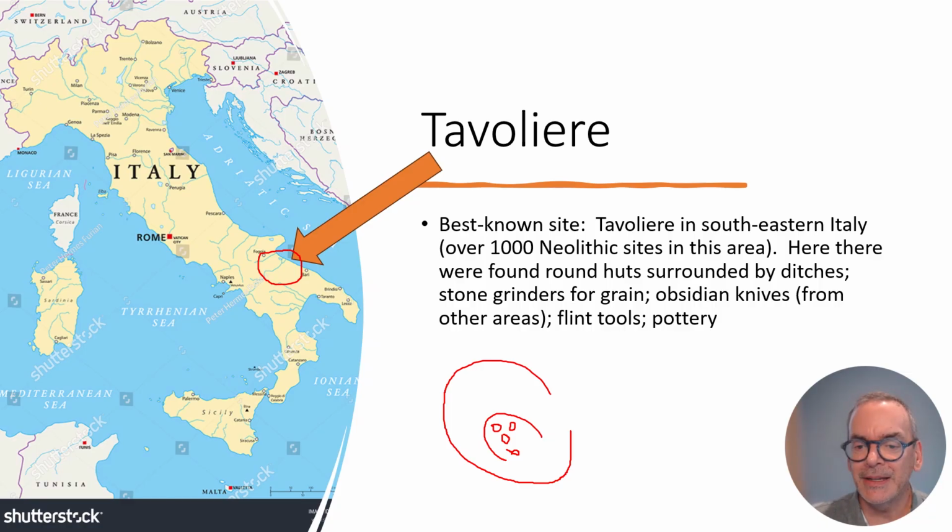There are other items we can find in these sites that tell us quite a bit about life during the Neolithic. So you've got stone grinders. Now, we know that they're growing grain because we've done studies on the remains. What usually happens is you take dirt from a site, you sift it, and then sometimes you float it.